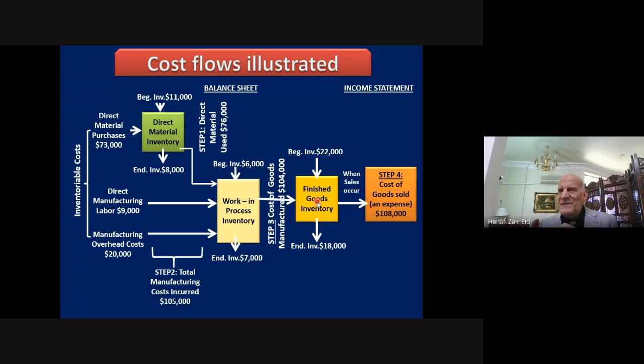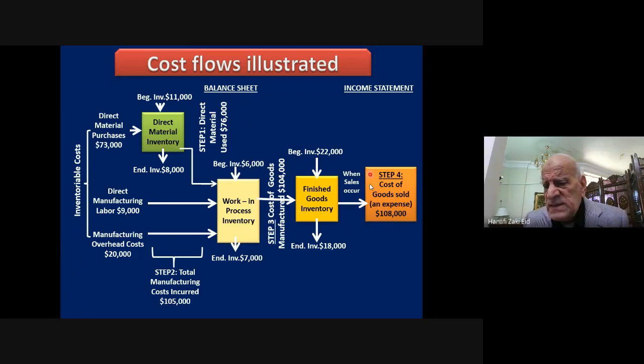Costs are expensed because when the goods are sold, the company does not have acquisition of these goods. So you will see that I wrote here, step number 4, cost of goods sold, and between braces, I called it an expense.